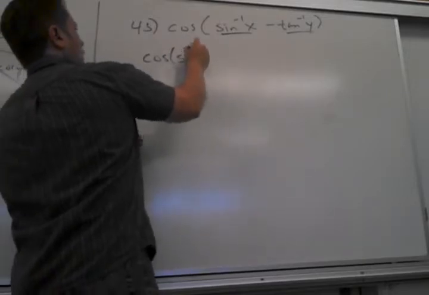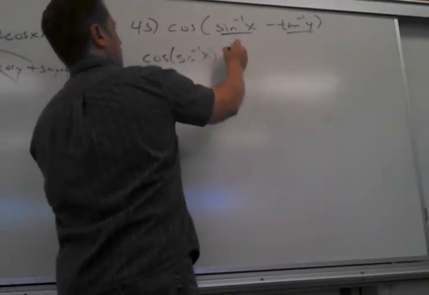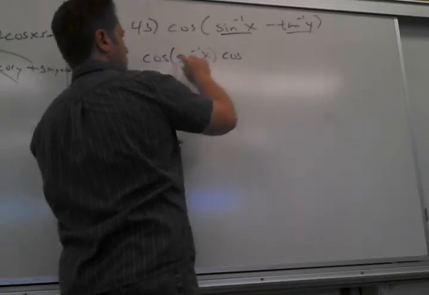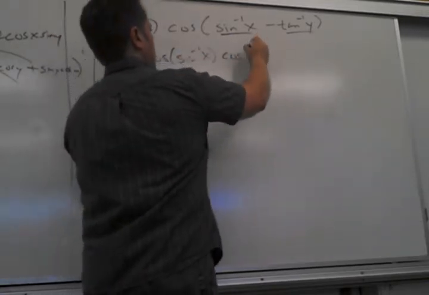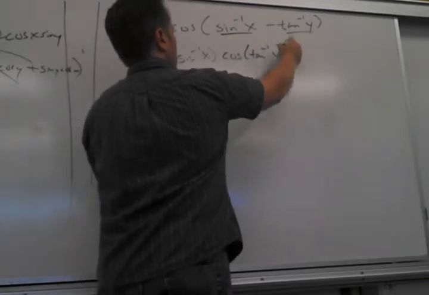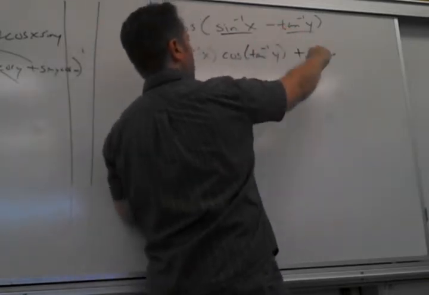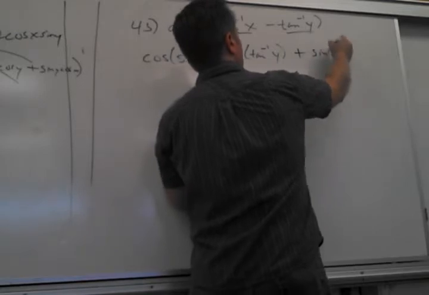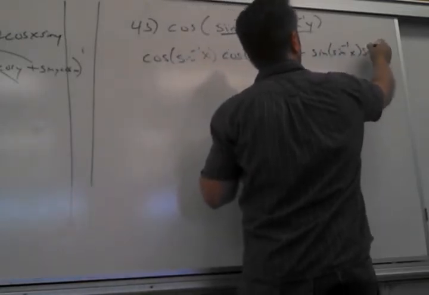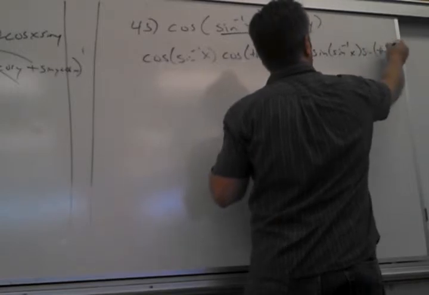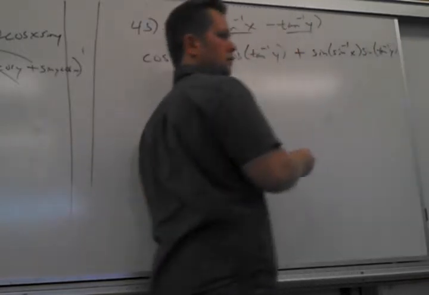Cosine of inverse sine x times cosine of inverse tan y. Remember, cosine, all cosine first, right? Plus, because it was minus, sine of inverse sine x times sine of inverse tan y.